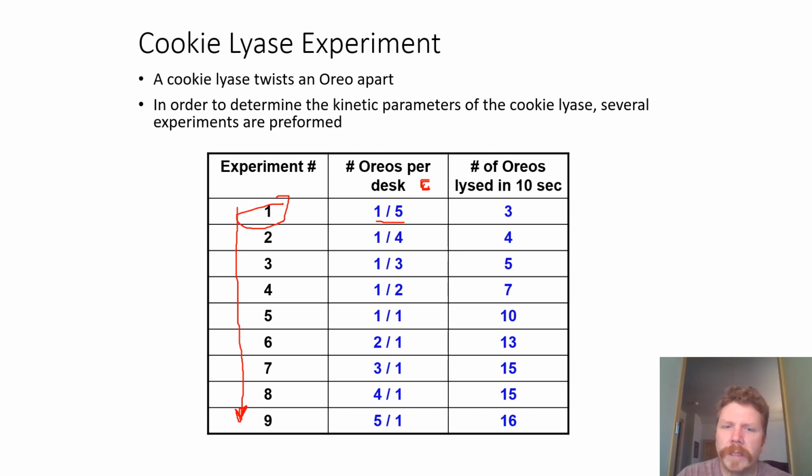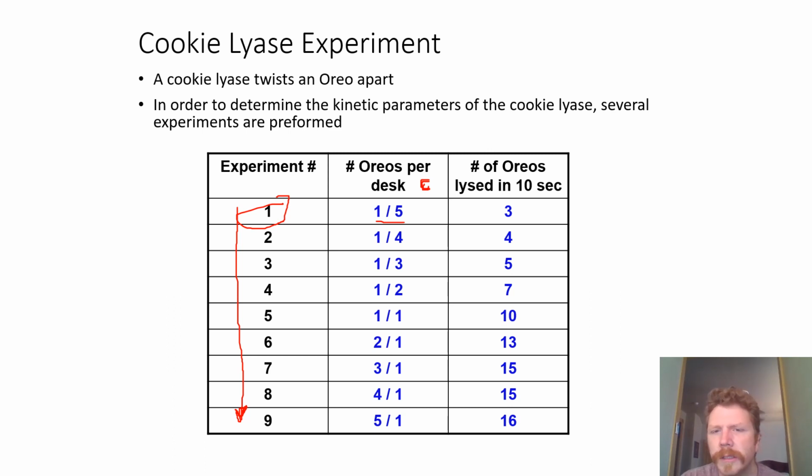What's significant about that is at some point, you can be provided with a large number of Oreos, or a large amount of the substrate, and no matter how much of that substrate you're provided with, you're going to be limited on the rate of Oreo lysis, or the rate of product production.